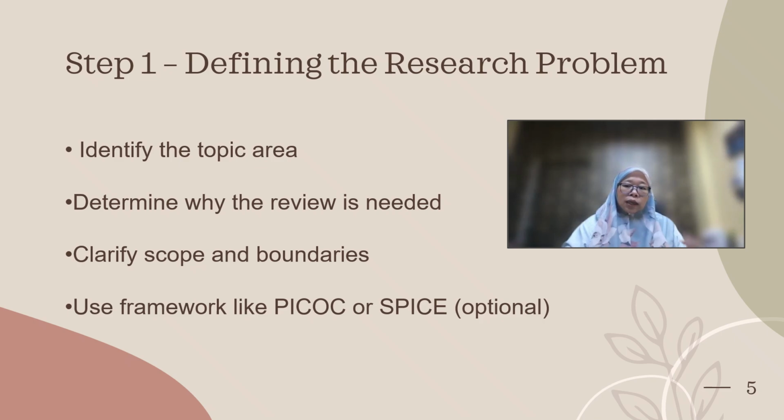At this stage, it helps to identify boundaries, for instance, the target population that you are focusing on, the context of the study, or even the time frame. Some researchers use frameworks like PICOC to refine the problem, but this is optional. So you have either PICOC or SPICE as the option.